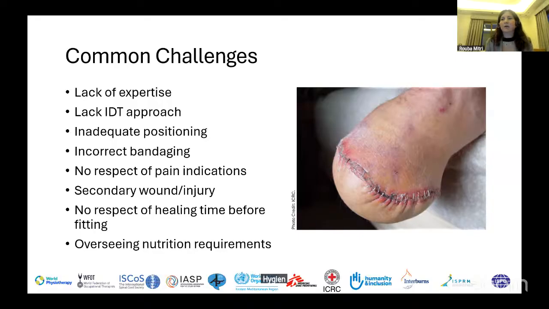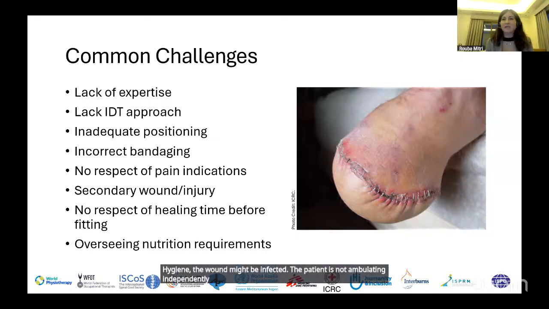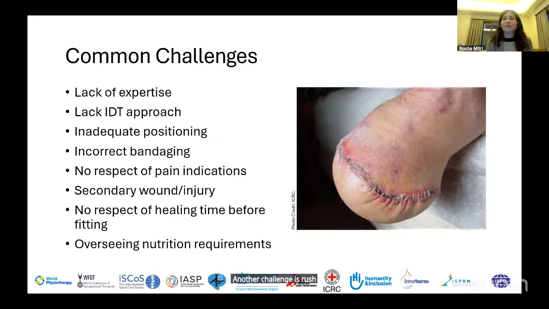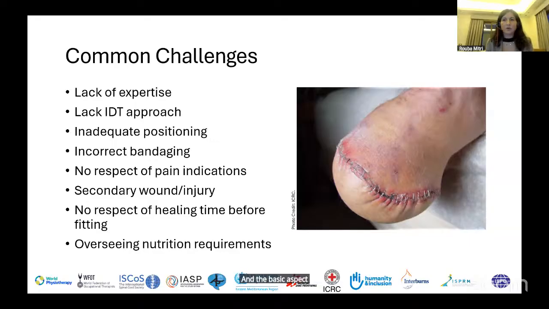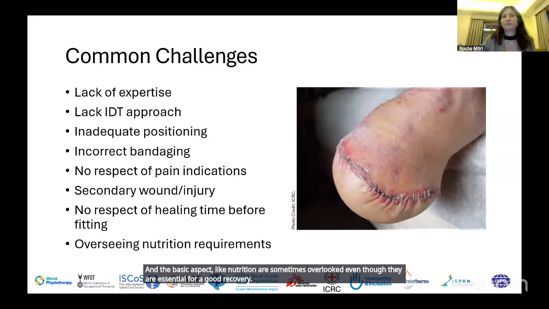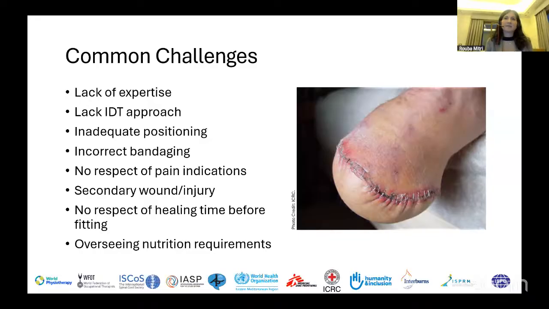Hygiene, the wound might be infected, the patient is not ambulating independently, he might risk a fall. So we also see secondary complications. Another challenge is rushing the process. We should never rush the process, like fitting a prosthesis before the complete healing, which can, of course, negatively affect the outcome. And basic aspects like nutrition are sometimes overlooked, even though they are essential for a good recovery. Next, please.